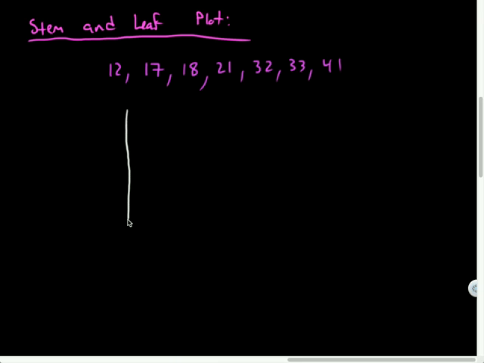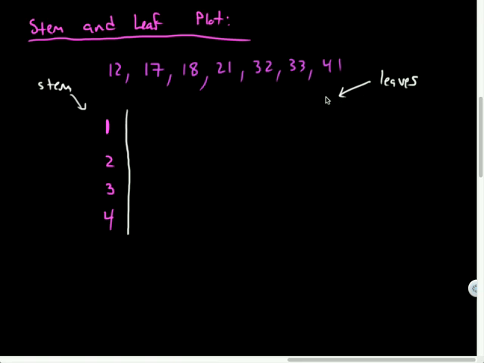So I'm going to have a vertical line. On the left, I'm going to have some sort of digit. So in this case, I think I'd only need 1, 2, 3, and 4. This is the stem. And on the right-hand side of that bar are going to be the leaves, right?